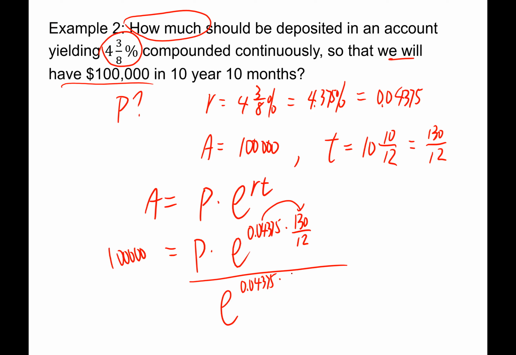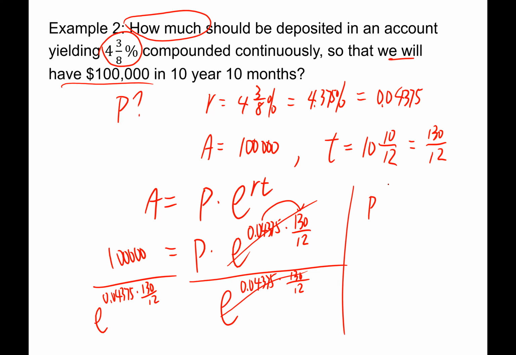We divide both sides of the equation by that exponent. Then p is by itself. So p is the quotient of 100,000 divided by e raised to 5.6875 over 12. Now once you simplify to this extent, then we go into Excel.